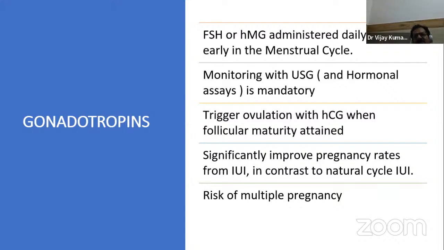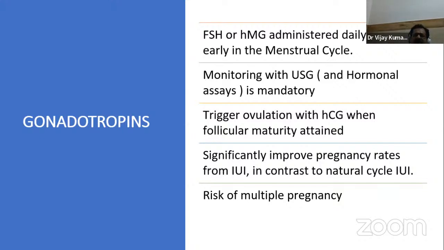We tended to use the urinary concentrate, that is human menopausal gonadotropins. That was the standard usage of gonadotropins. The gonadotropins were extracted from human menopausal urine concentrate. Later, with advanced technology, we have the availability of recombinant FSH and pure FSH.